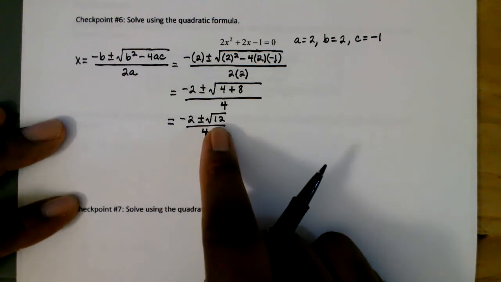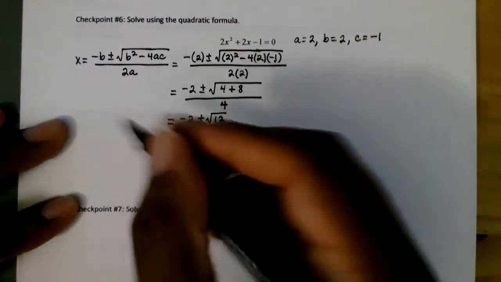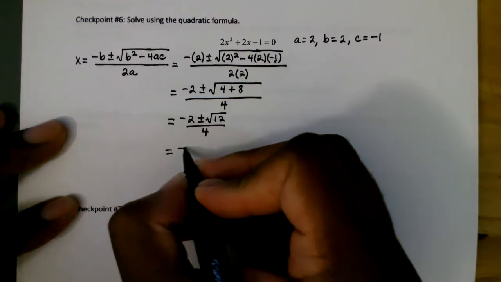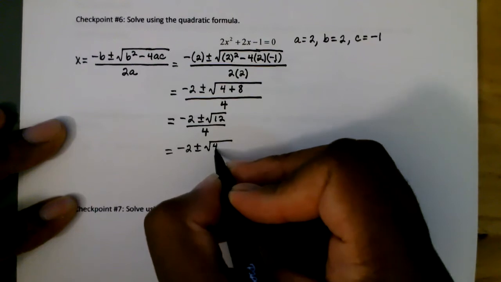Now, let's simplify the square root of 12. In this case, there is a perfect square in 12 that goes into it. I need the largest perfect square that can go into 12. In this case, that's going to be 4, because I know 4 goes into 12 3 times.